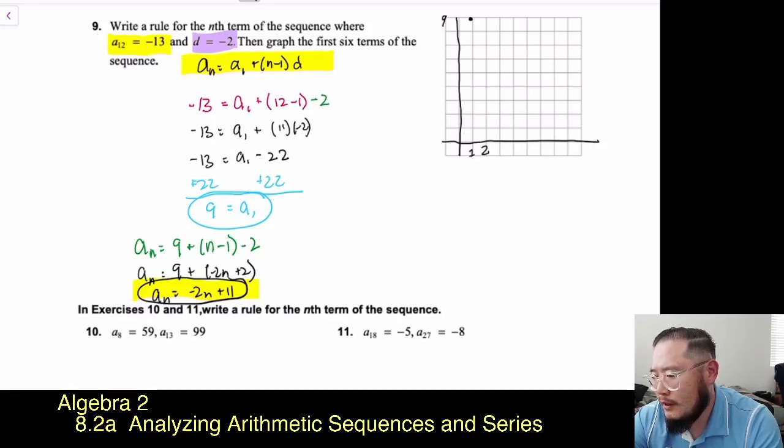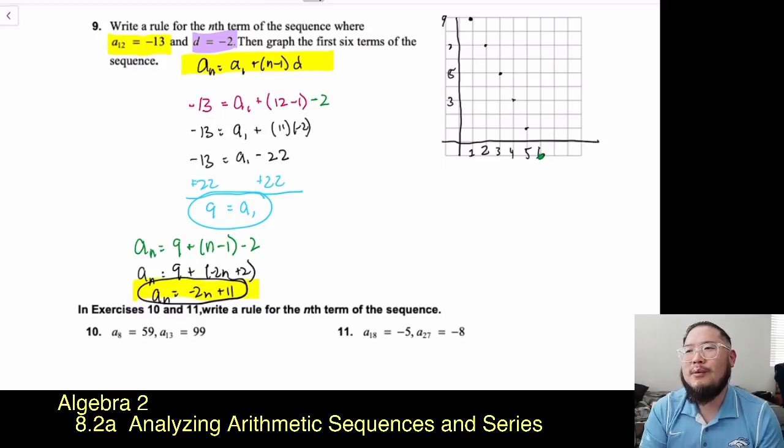And then 5, 3. And then actually the sixth term, it ends up going in the negative direction, and it's right there. I'll put it inside the circle of the 6. All right, and there you go. We now have our graph.